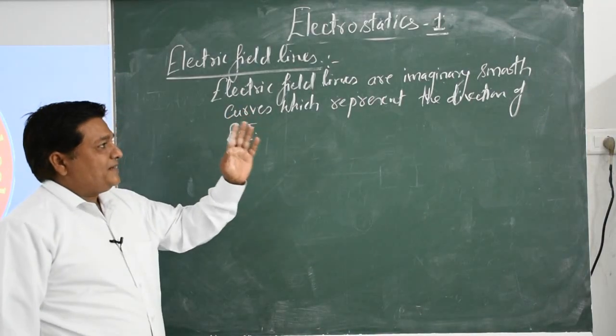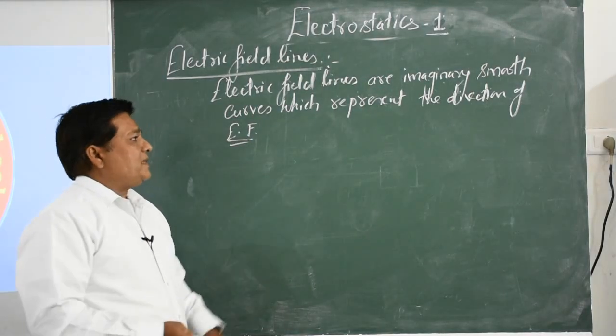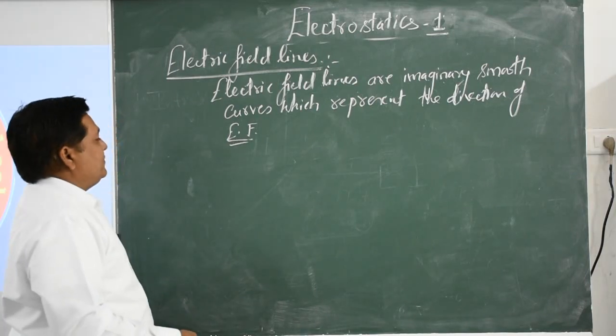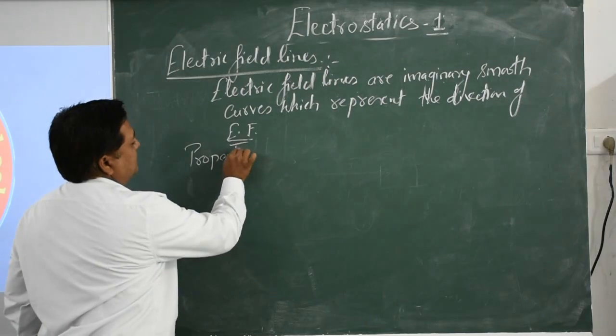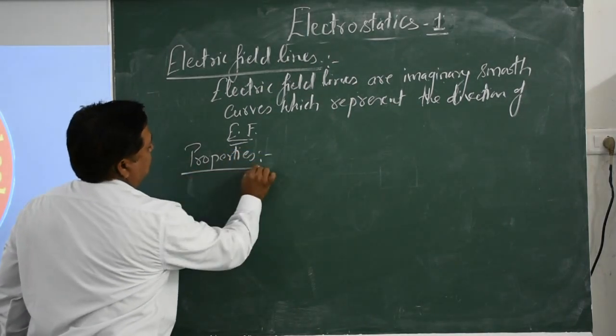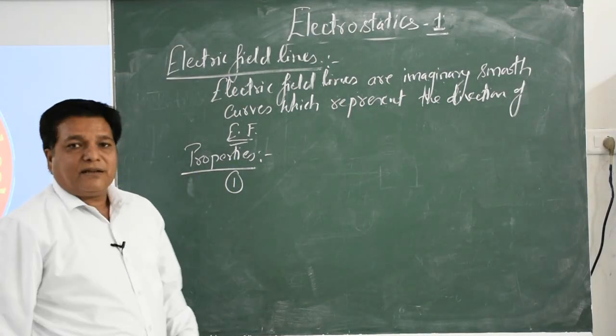Now let us discuss the properties of the electric field lines. We will come to know the arrangement of electric field lines. Properties of electric field lines. We consider the first property regarding the electric field lines.